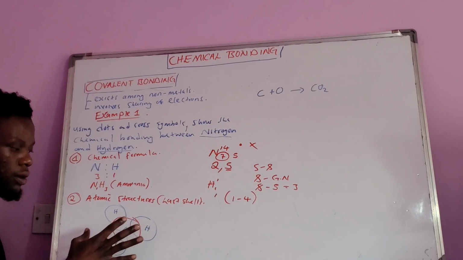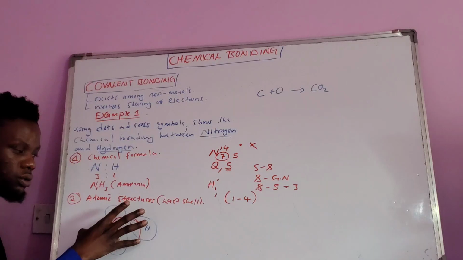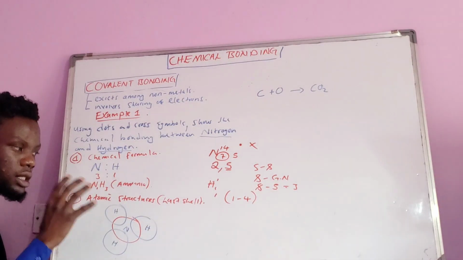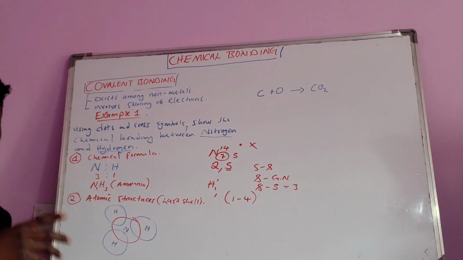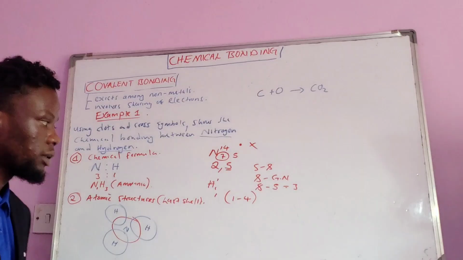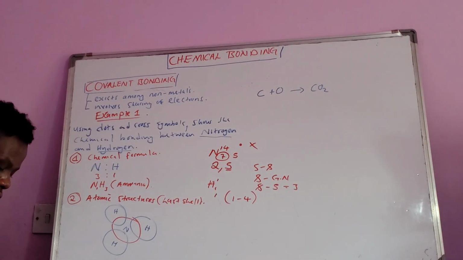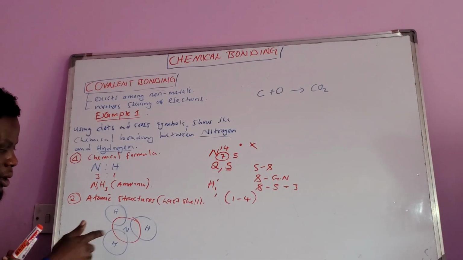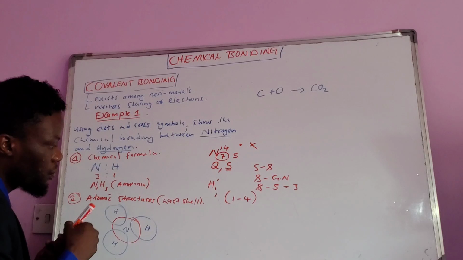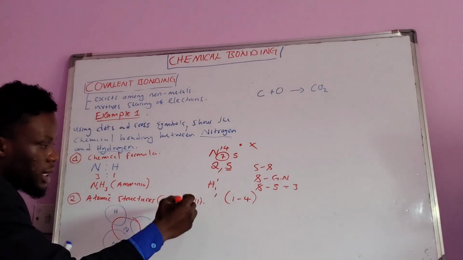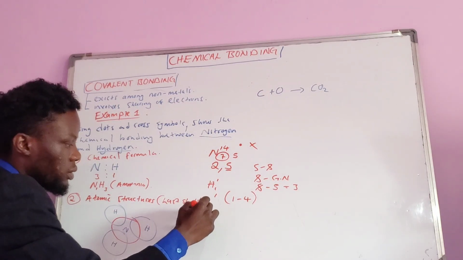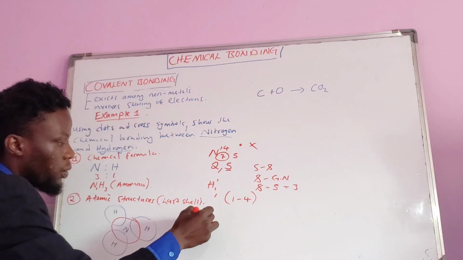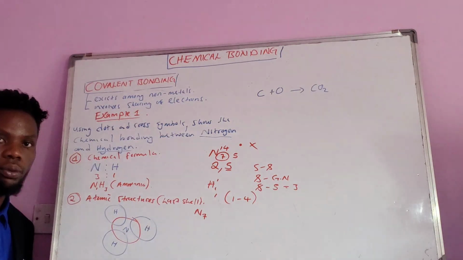All right, this is simple to do. Now the other important step that you need to understand is this one. Make sure that you listen carefully. If you get nitrogen, remember that its atomic number is 7.